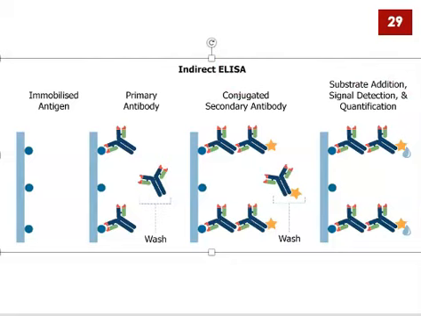So in the test, there's a kit that comes with antigen specifically bound to the bottom of wells inside a plastic plate. So the antigen is there, and we're going to test to see if there's an antibody to that antigen in the person's blood. So we add the person's blood in, and we look to see whether or not antibody binds to antigen, essentially.